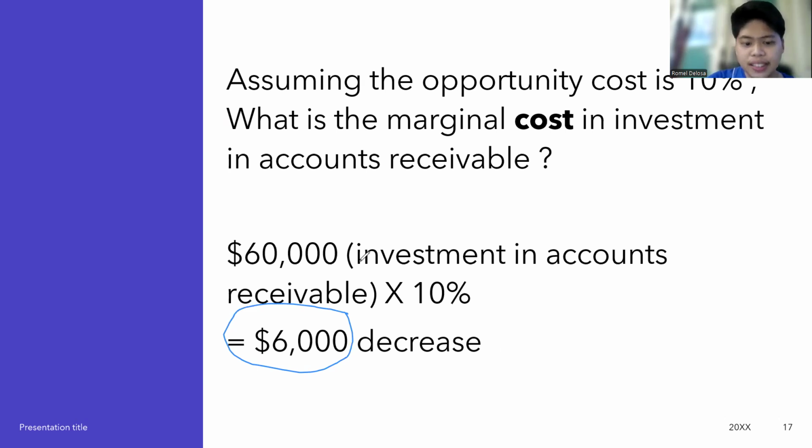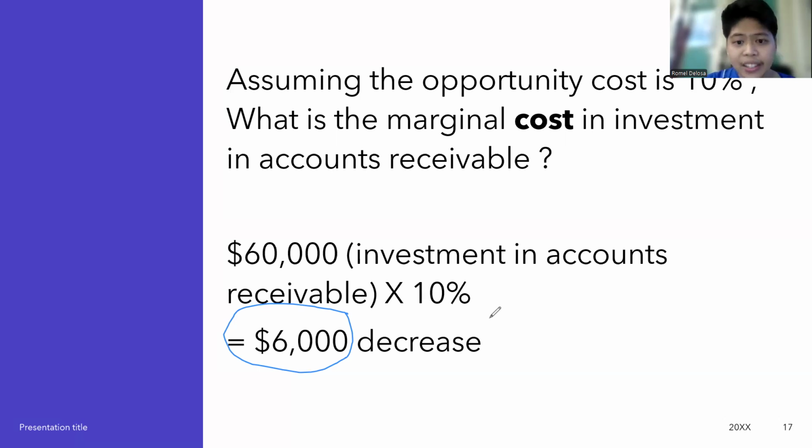You can use the $60,000 for things that are profitable. And when you use it for a 10% opportunity cost or a 10% investment, you will earn an additional 6,000 just because of the credit policy change.